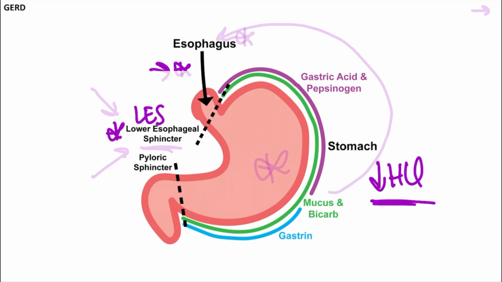So GERD is kind of the same thing as heartburn or acid reflux, but it's much more consistent, frequent, and severe. So gastric acid is what causes and exacerbates GERD, which again is defined as that persistent or repetitive acid exposure to the esophageal mucosa.